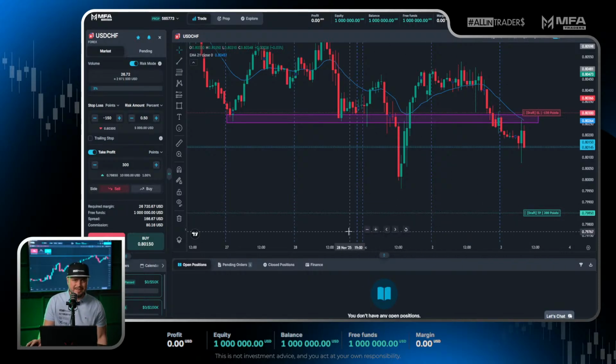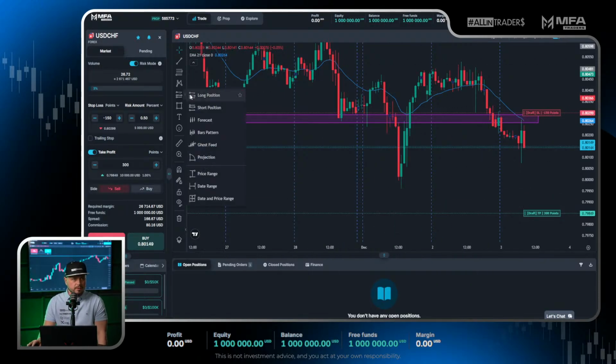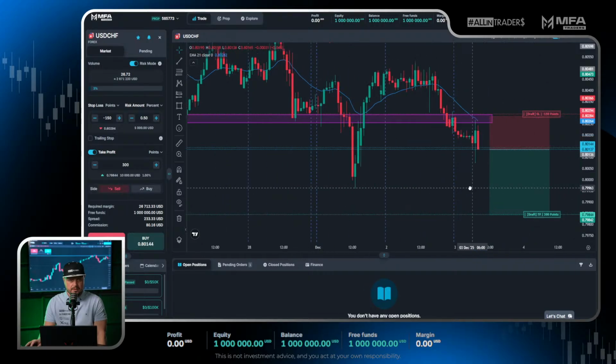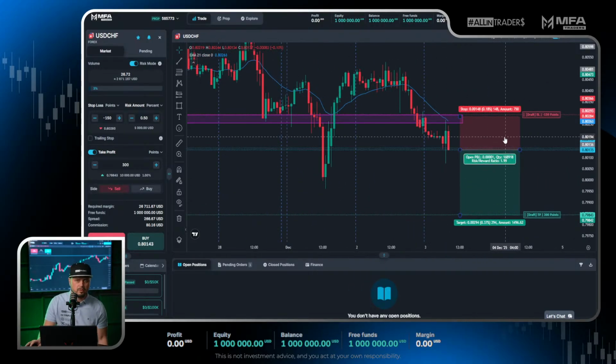Okay, 5 minutes left. 5 minutes left. We are ready to open the position short. With risk to reward 1 to 2, something like that.